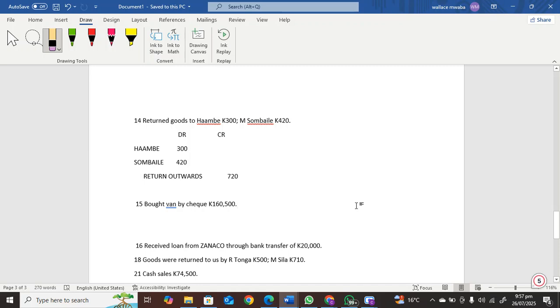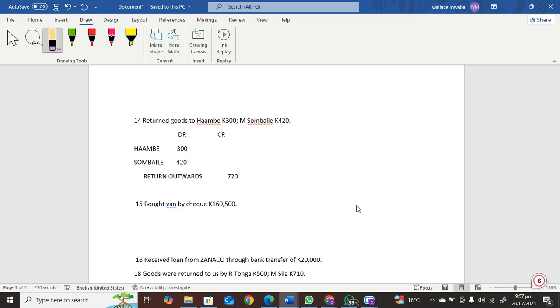Bought van by check, 160,500. Someone raised their hand.